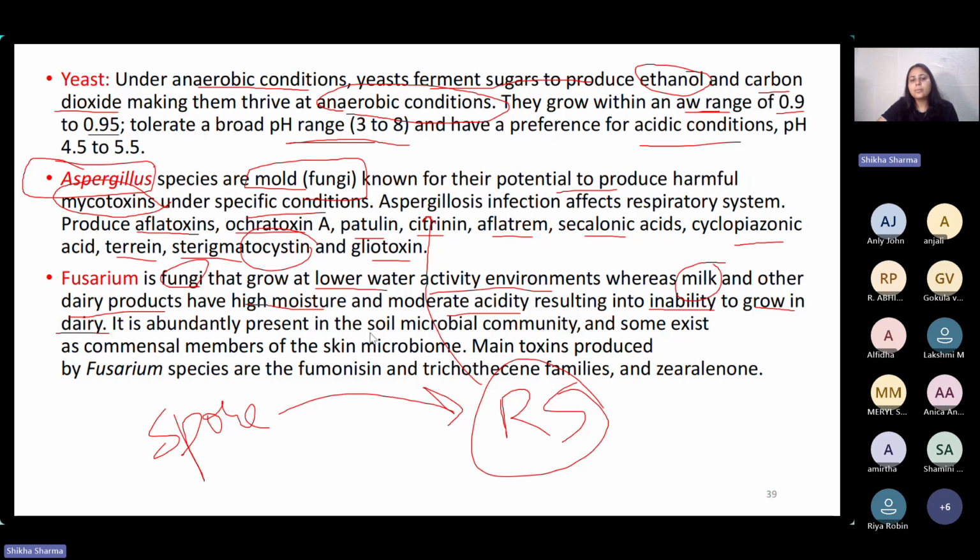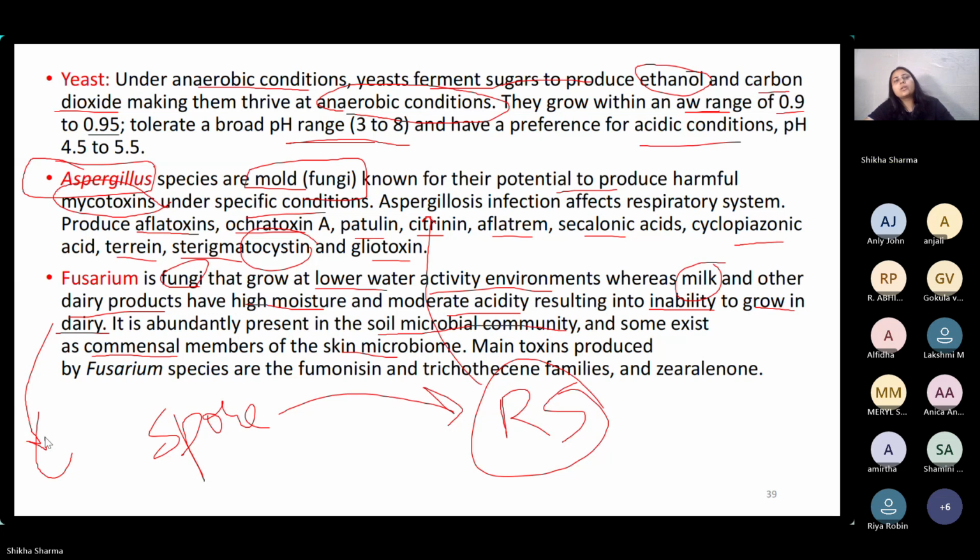So basically Fusarium is evidently present in the food microbial community, and it also exists as a commensal member of the skin microbiome. So in our skin, some Fusarium can be present as a commensal member.